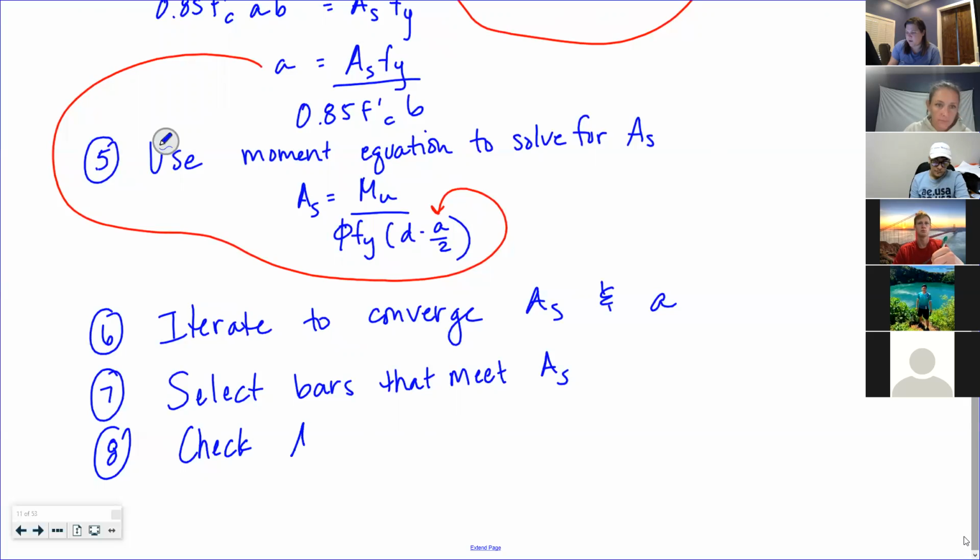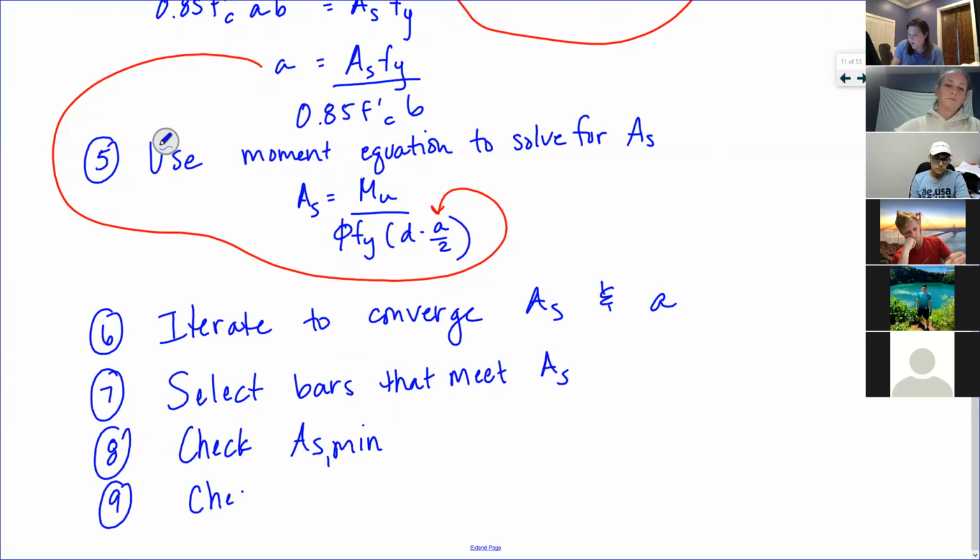Check that you met minimum requirements, As min. Check that you meet minimum spacing, minimum max spacing requirements.